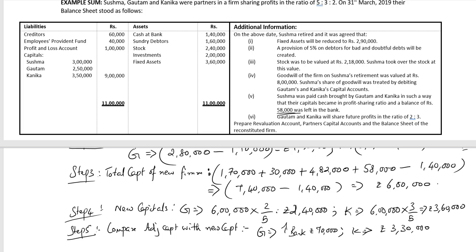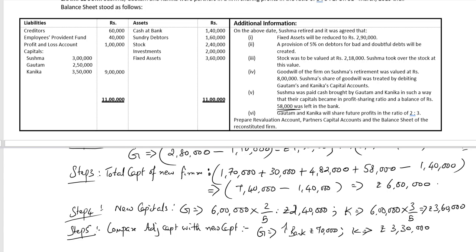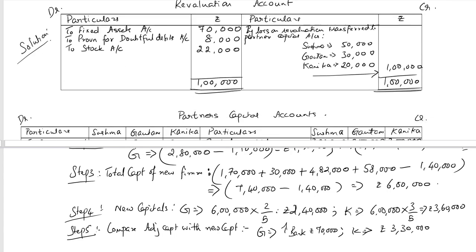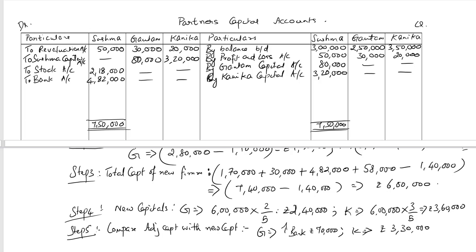So let's post this in the partners' capital accounts. By bank account, Gautam brings in 70,000 rupees and Kanika brings in rupees 3,30,000.